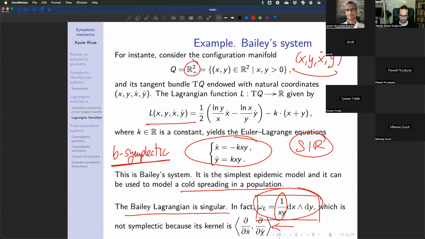So somehow it is interesting for more than one reason. You will have for sure problems at the origin because it is not a submanifold at the origin. But if you remove the origin, of course you have a b-symplectic form. Yeah, but there are things that can be done.